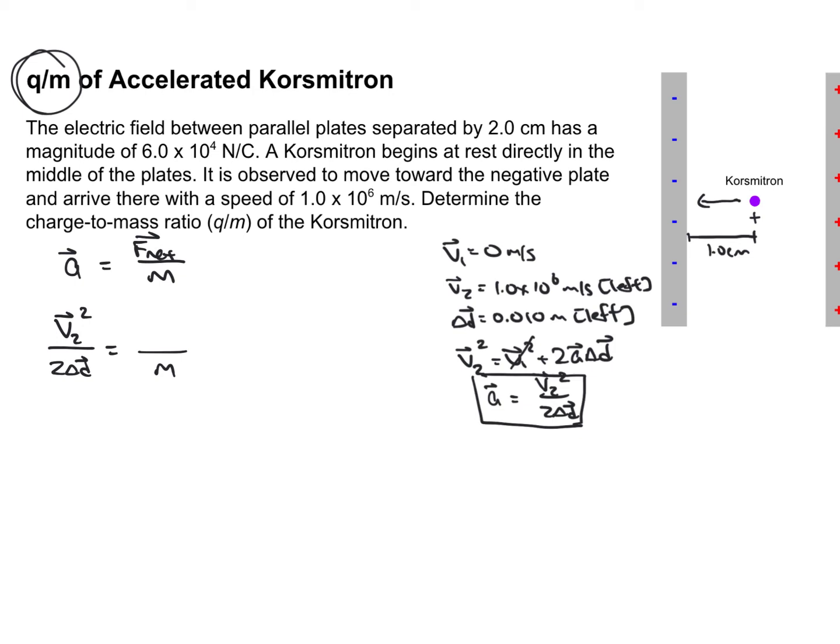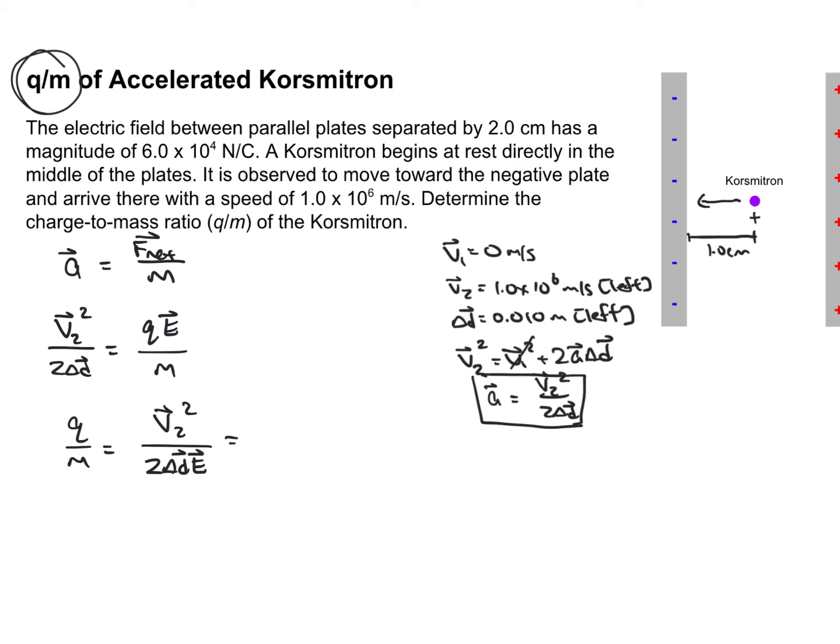So force equals charge times electric field. And that's my replacement. So I can see I've got a Q over m right there. All I have to do is divide both sides by E. And that ought to do it.